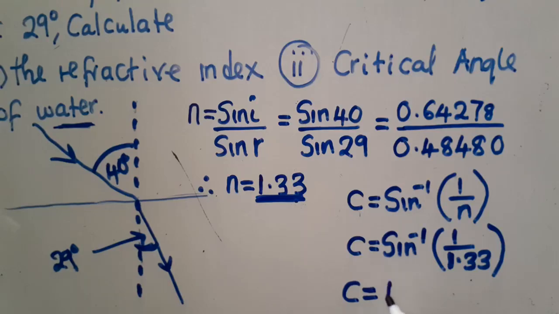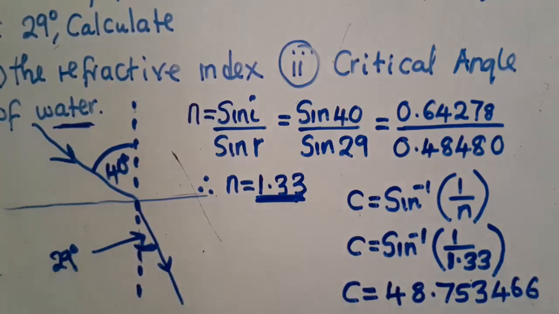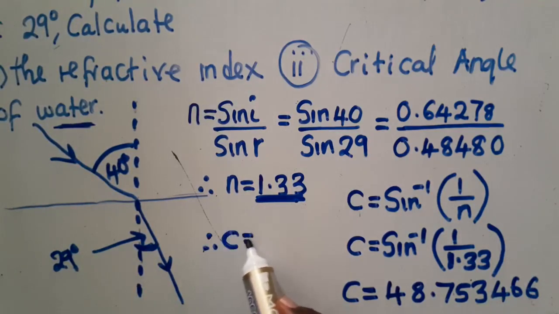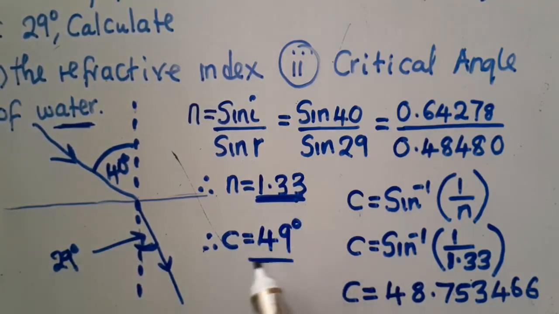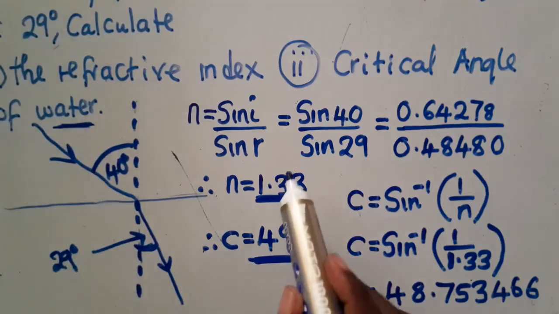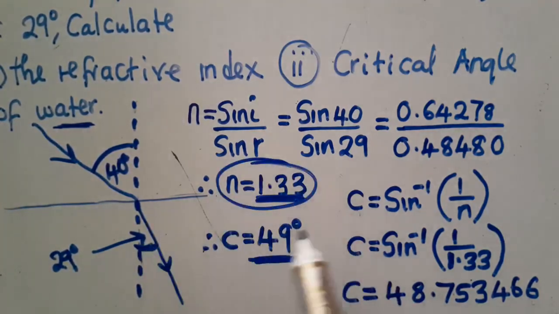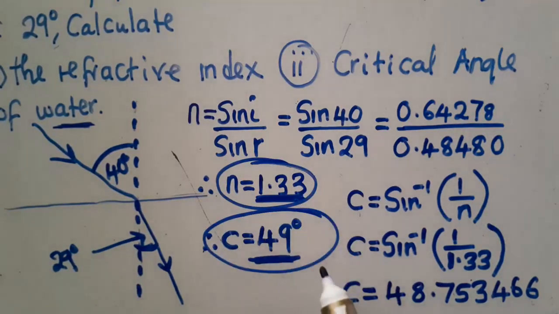You are going to get 48.7534666, so the critical angle, if you round off to the nearest whole number, is 49 degrees. So these are the answers. This is the refractive index of water, and this is the critical angle of water.